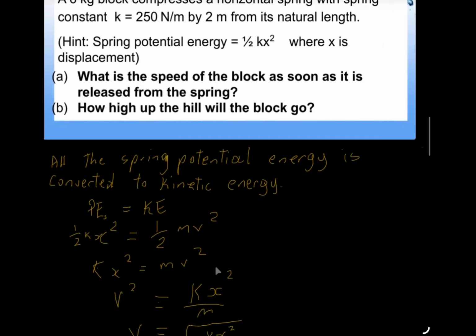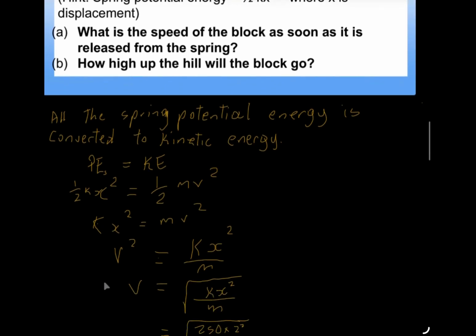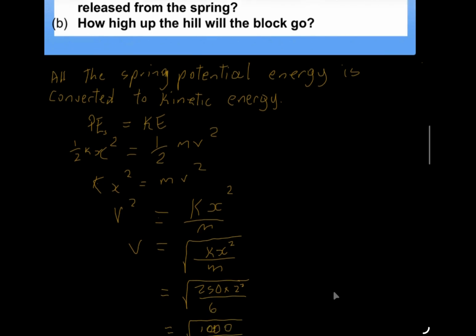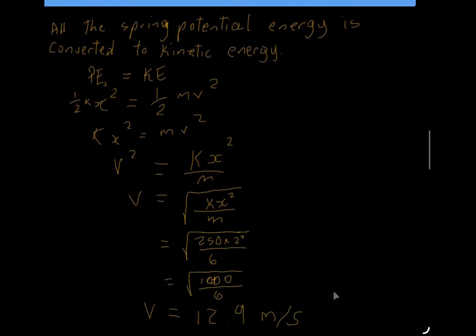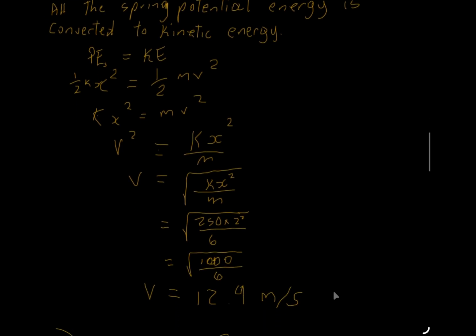And if we want v only on one side, v squared is going to be equal to kx squared over m. And then taking square root, both sides, v is equal to the square root of kx squared over m. Then we substitute for k and x. We have v now equals the square root of 250 times 2 squared over 6.